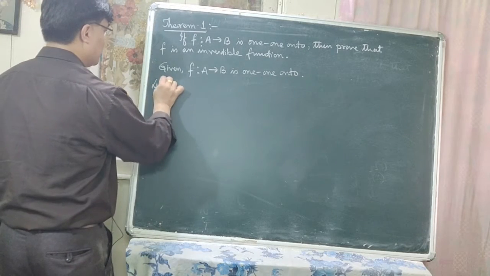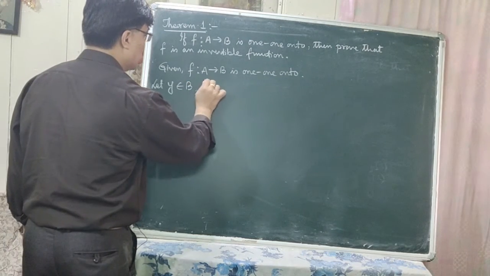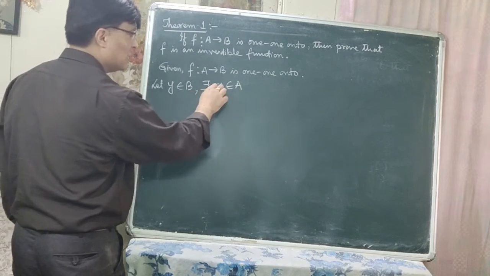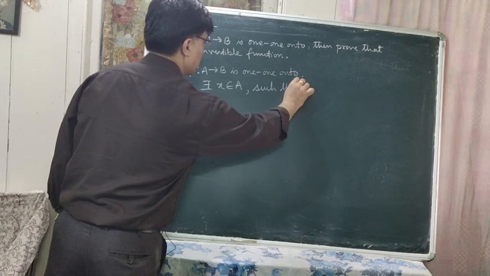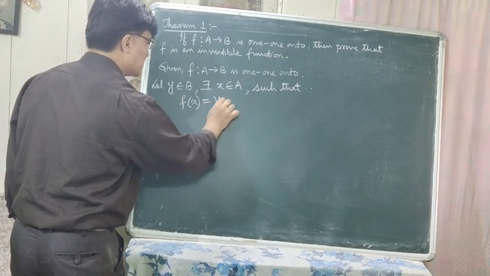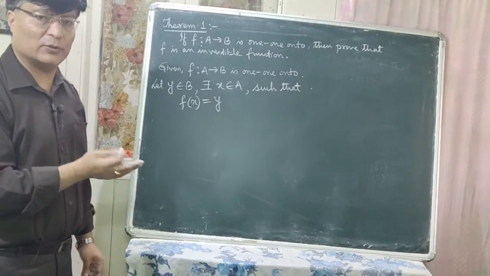So let y belong to the set B. Therefore there exists x belongs to the set A such that f of x is equal to y.